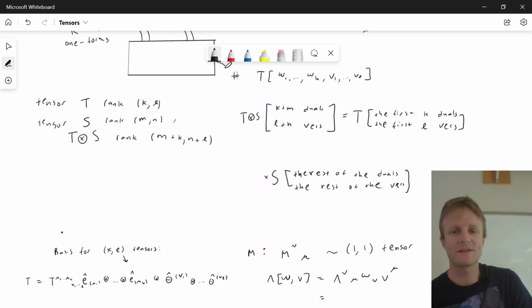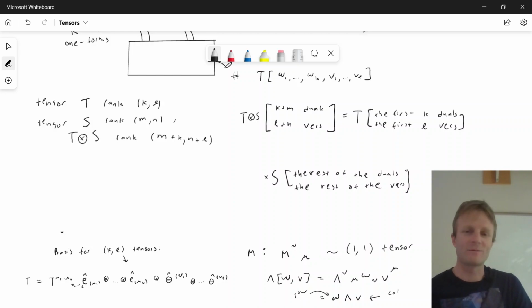If you really insist on writing it as a matrix multiplication, you could write this as omega lambda v, where v is a column and omega is a row. That is a correct matrix notation. But it's just not that important because it won't generalize past the simplest tensors.